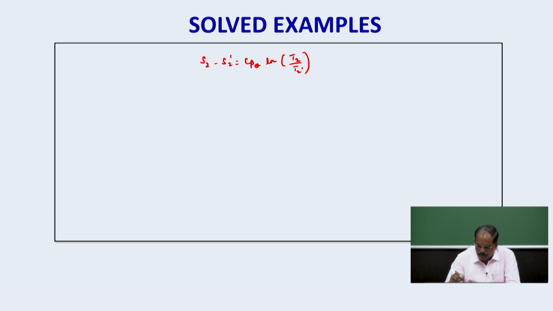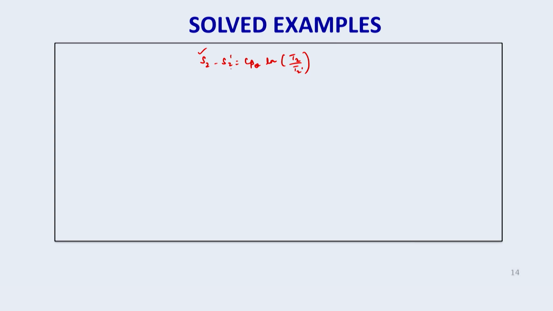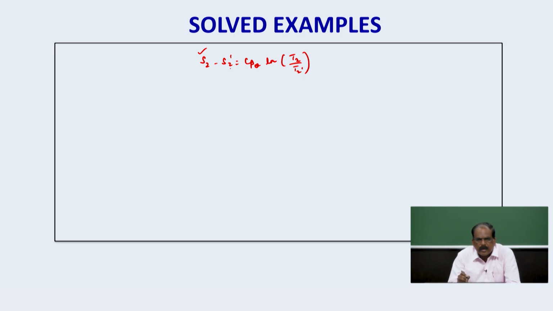S1 is equal to S2, and that value is known, because 1 to 2 is an isentropic process. S2 dash we have already found; that is the saturated entropy corresponding to the temperature T2 dash, which is also given.